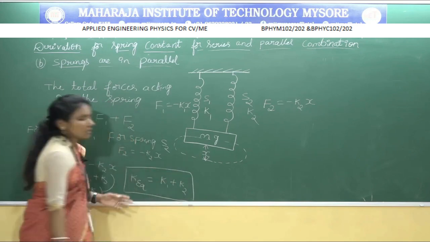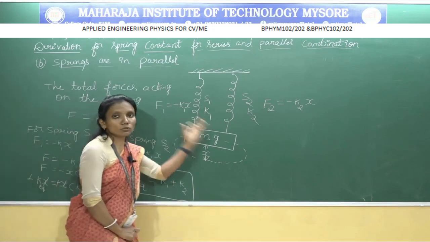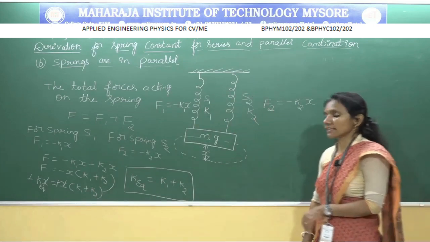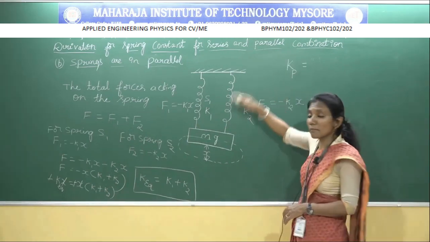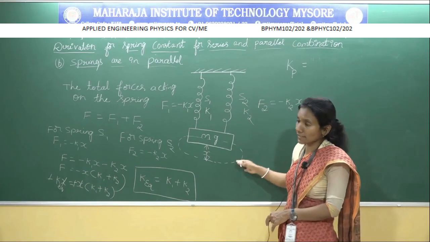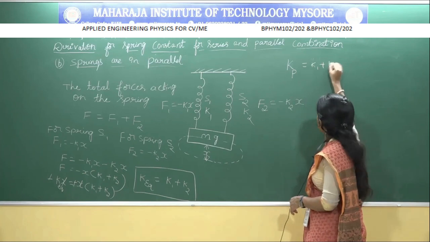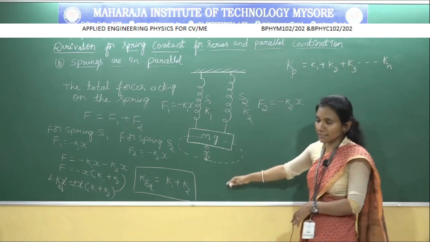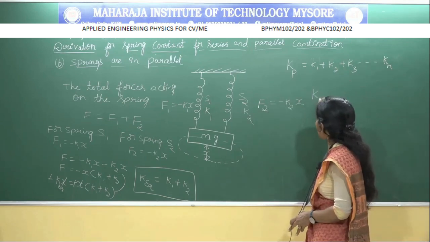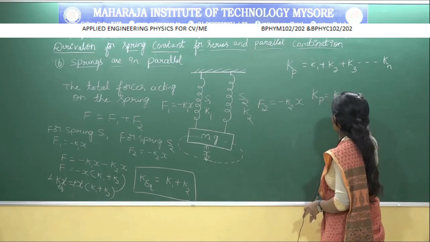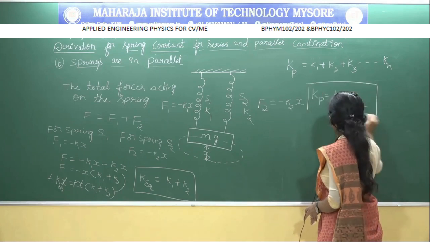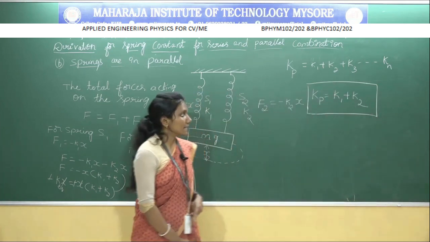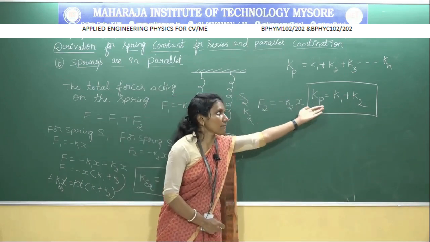When the two springs are connected parallel to each other, we represent it as K parallel. If multiple springs are connected, it is K1 plus K2 plus K3 and so on for n springs. Generally Kp is equal to K1 plus K2. So this is the spring constant when the two springs are connected parallel to each other.